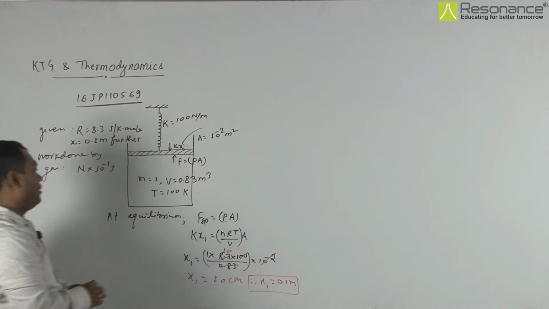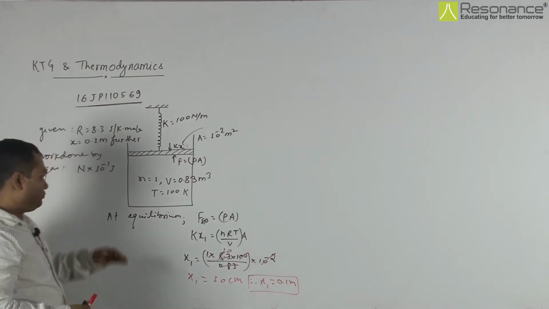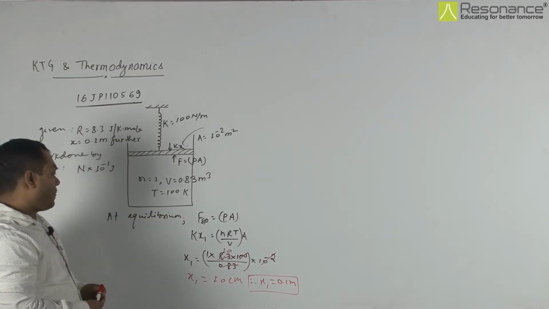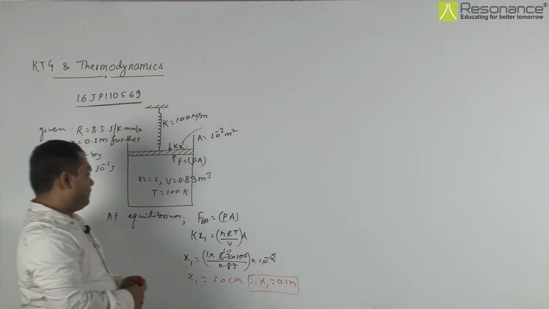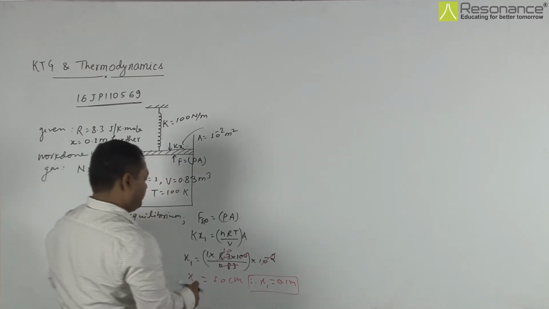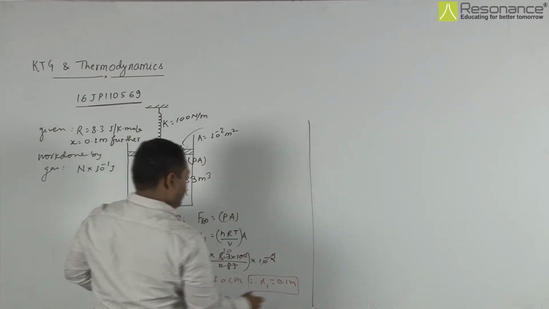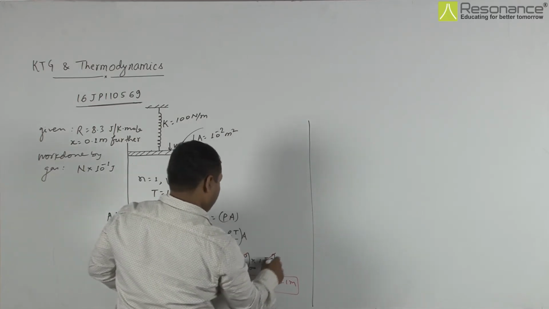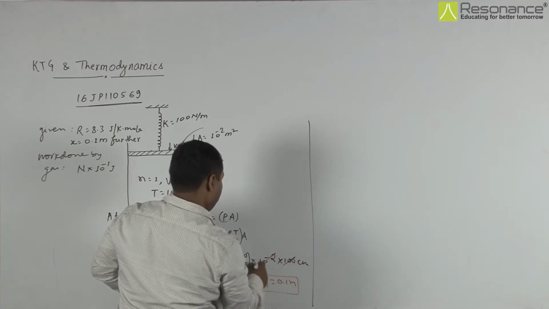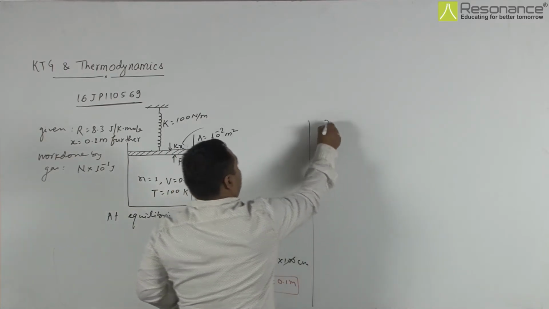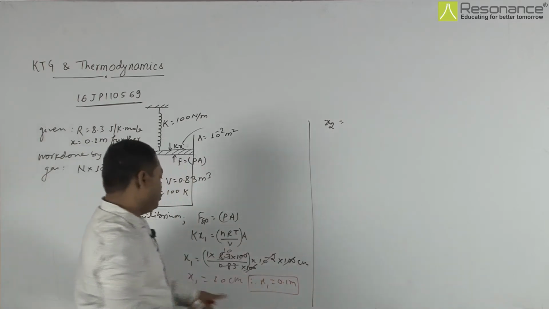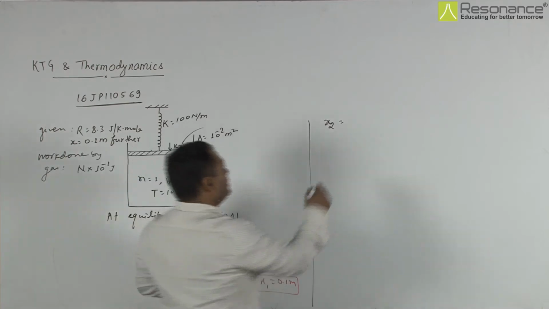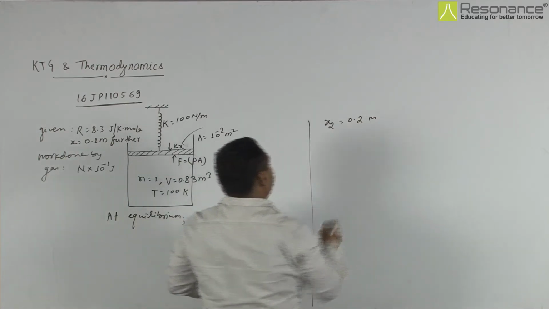It is saying that this gas is pushing it again by 0.1 meter distance. So further, x2 must be 0.1 meter plus 0.1 meter, that is 0.2 meter.